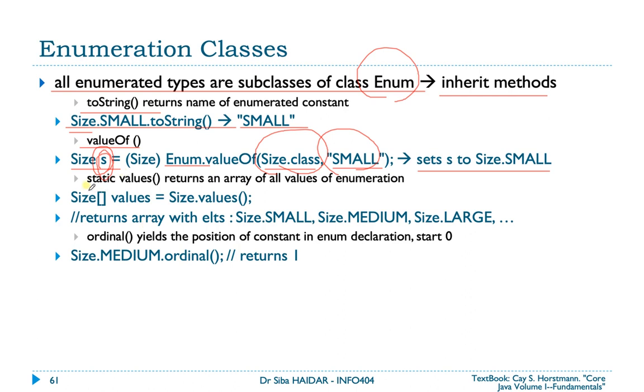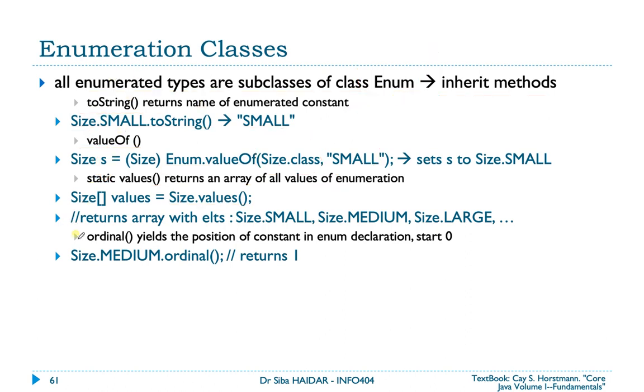So also we have the values method, which is also static, and it will return this time not only one value, it will return an array of all the values of the enumeration. Just use it like this: Size square brackets values, receive them in an array of sizes, and call the method values of the type Size, which is inherited from the type Enum, of course.